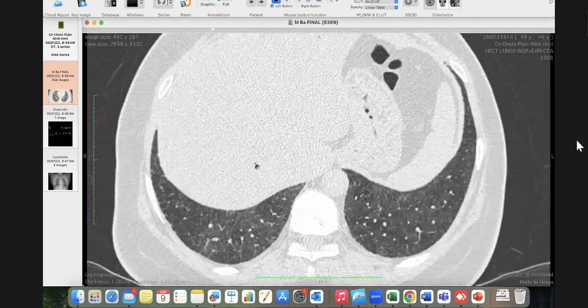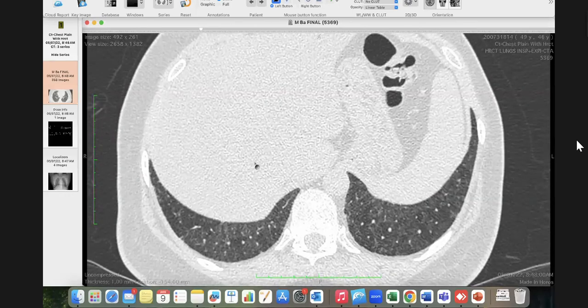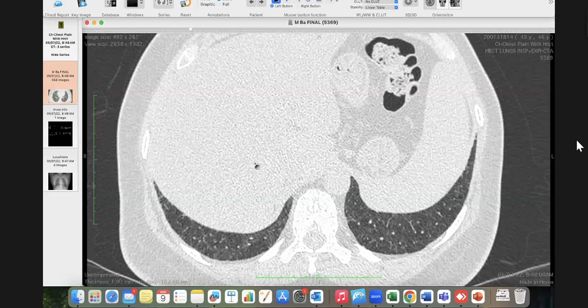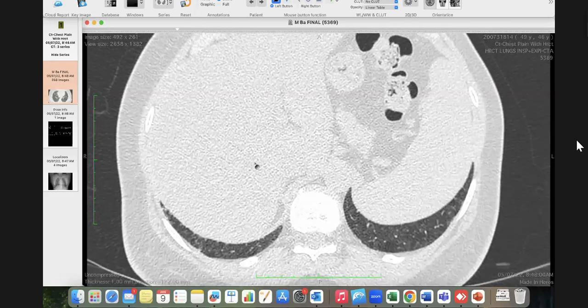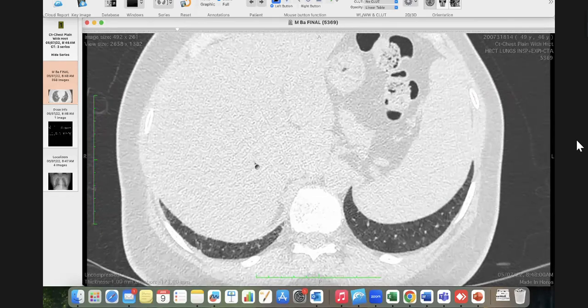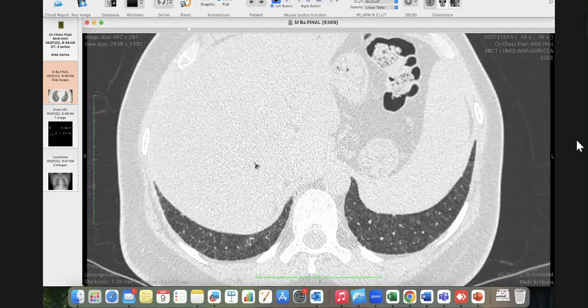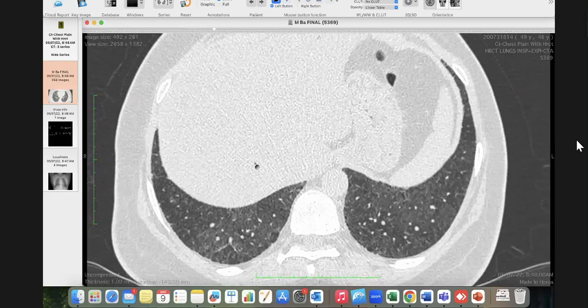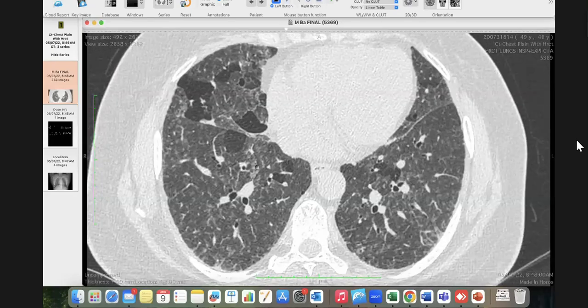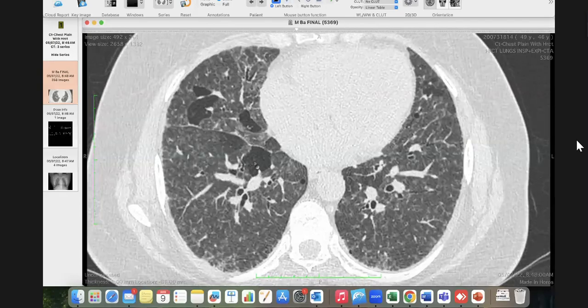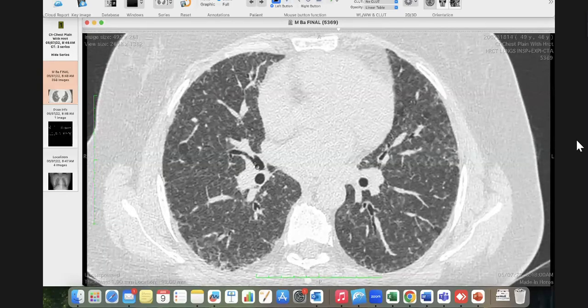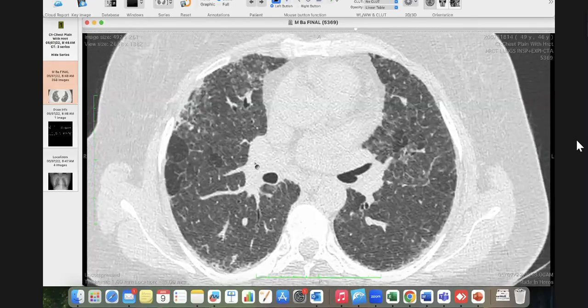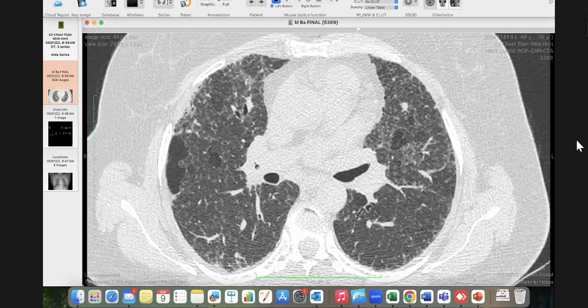And ideally, before calling them areas of trapping, I should show you expiratory scans, which unfortunately I don't have. But on the basis of suspicion of air trapping associated with usual features of fibrosing lung disease, I would think in terms of chronic hypersensitivity pneumonitis and correlate with expiratory scans and proceed further. So this is the word of caution.